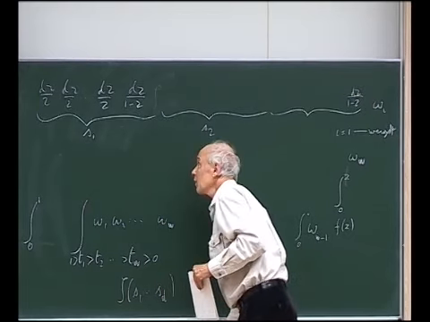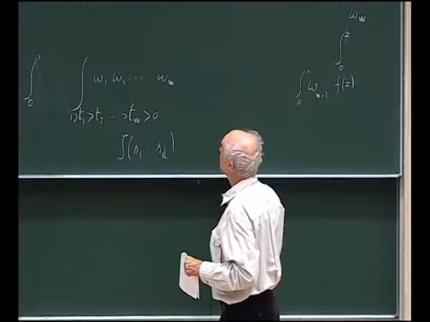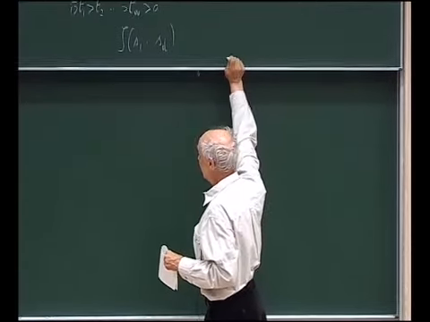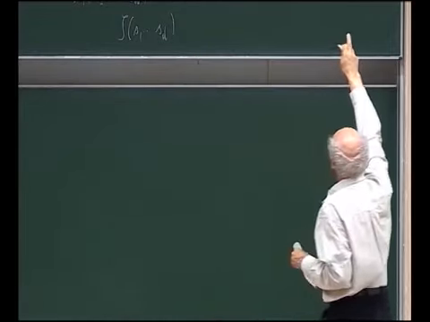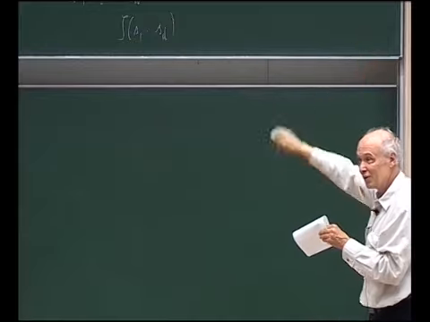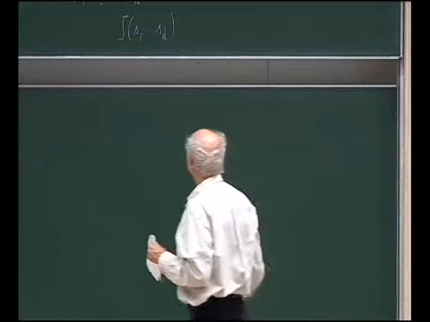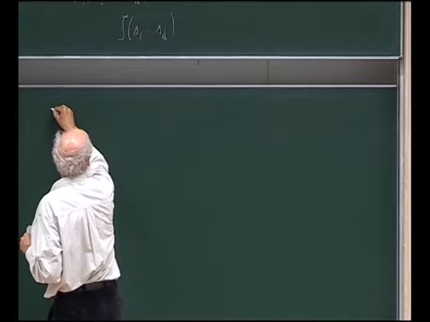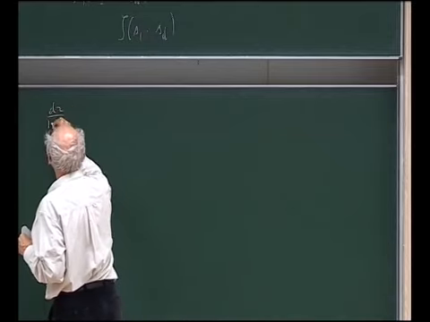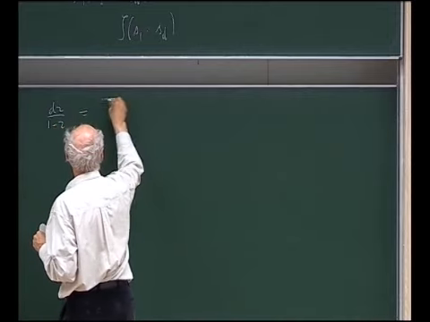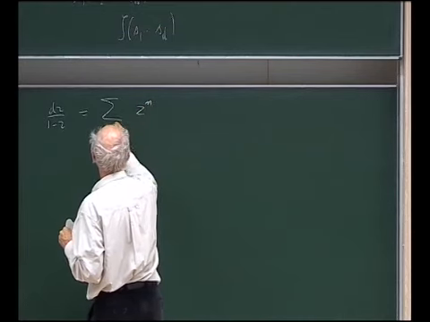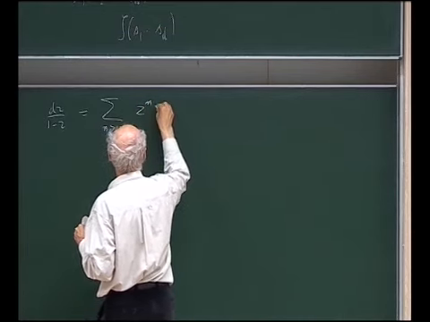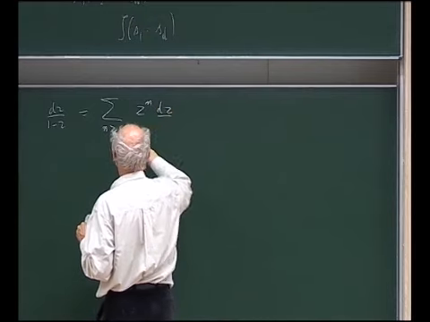Now, the claim is that if you do this, you obtain zeta of s1 through sd, and the proof is completely trivial if you allow yourself to expand dz over 1 minus z by the geometric series. So you first consider dz over 1 minus z.